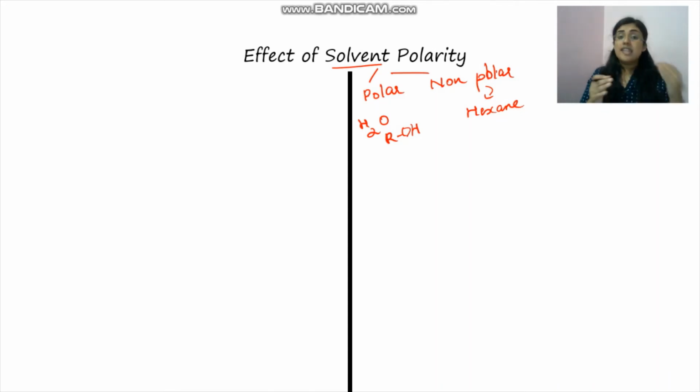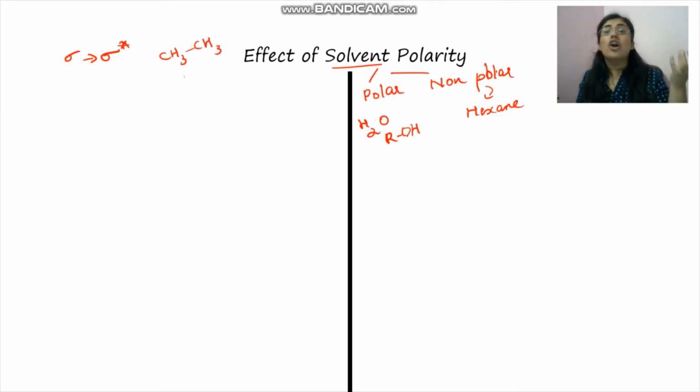If I consider sigma to sigma star transitions, such transitions occur in saturated compounds like alkanes. If I have CH3, CH3, such compounds are non-polar, and non-polar compounds are not affected by the polarity of the solvent.